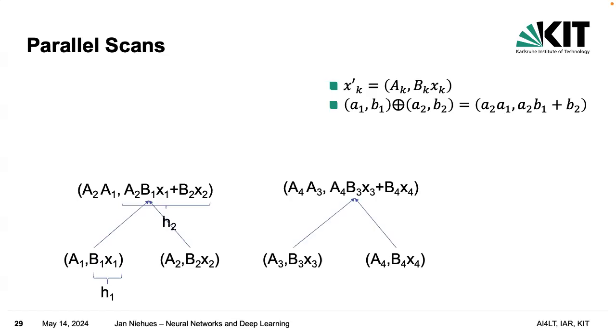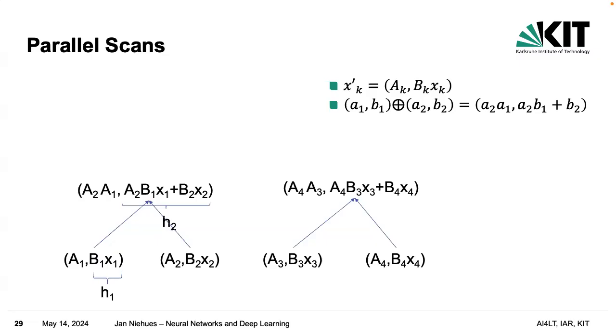And if you look at this example now, this is what the hidden state at position 2 is: A2 times the hidden state at position 1, that was this one, plus B2 times X2. So this is exactly the hidden state at position 2.